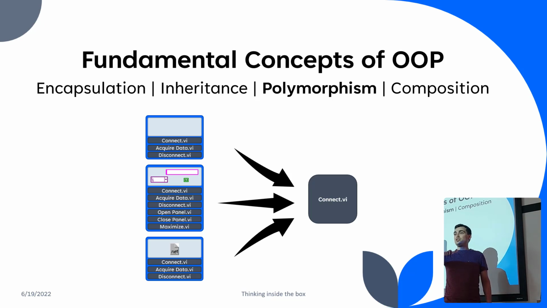If we think back to polymorphism that we used to have before VIMs, those would change the connector pane. We're doing a similar thing here. The way we connect to a .NET thing is going to be different to how we connect to a camera with an iMac string.